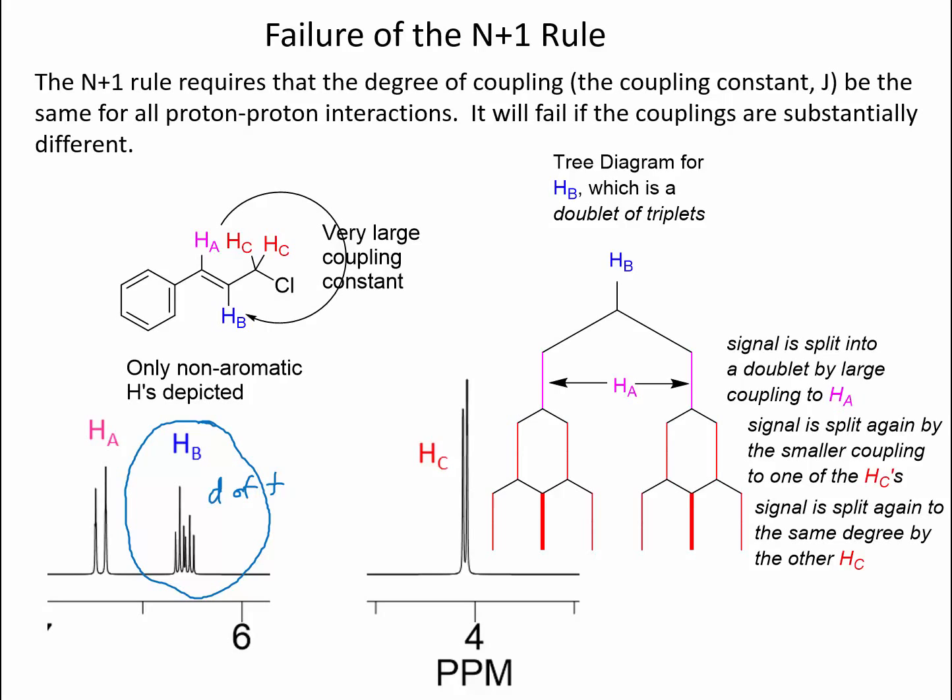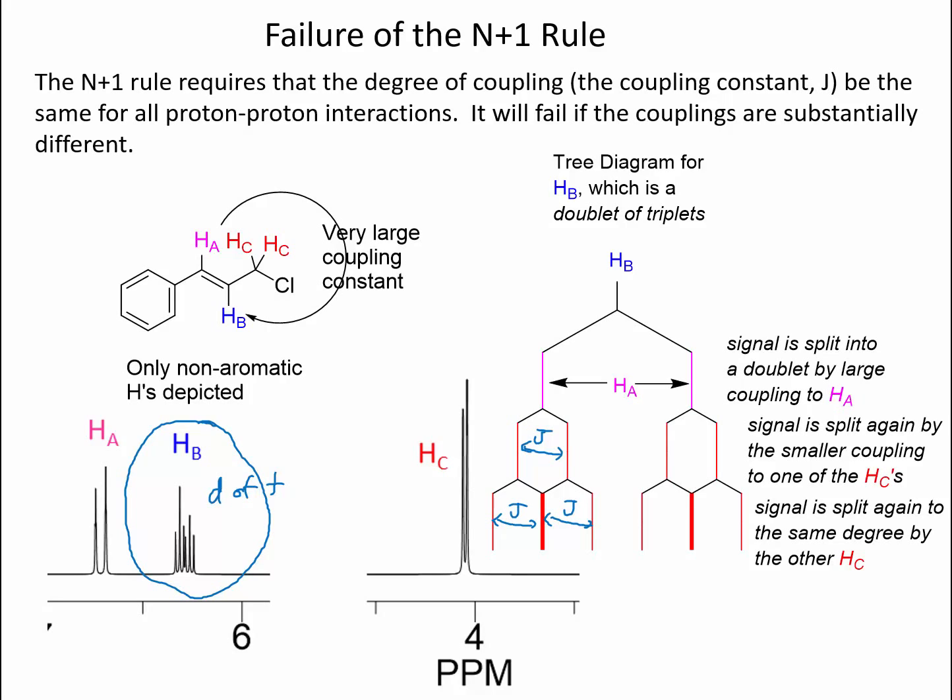Okay, and this is where we get the doublet of triplets. Notice these middle lines in bold are twice as big. This is because each of the HCs is coupling identically, we'll call this number J, okay? Each of the J values is totally identical.